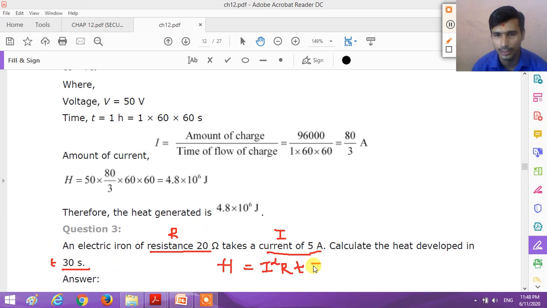Put the values here, we get 5 square multiplied by R 20 multiplied by T 30 seconds. By calculating this, we get the answer of the heat energy developed through the resistor in 30 seconds. So calculate this answer by yourself.